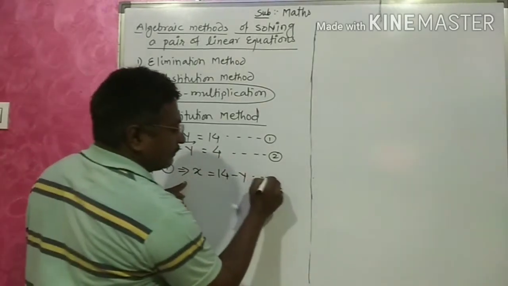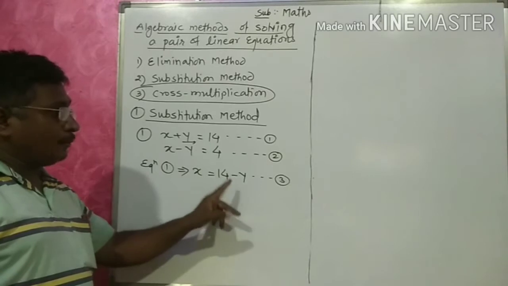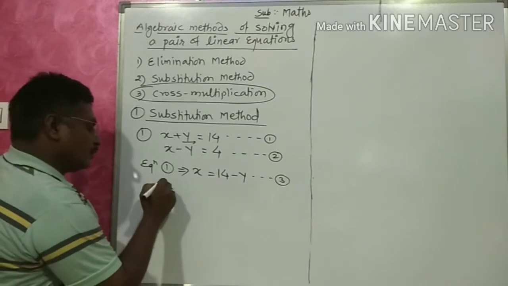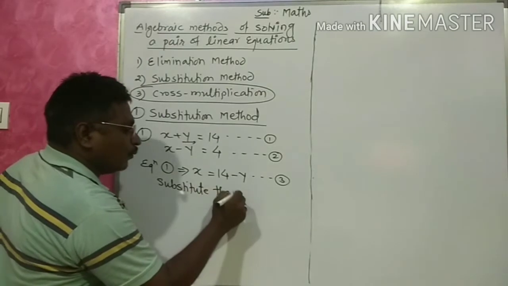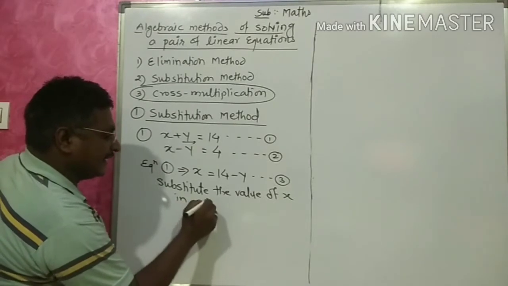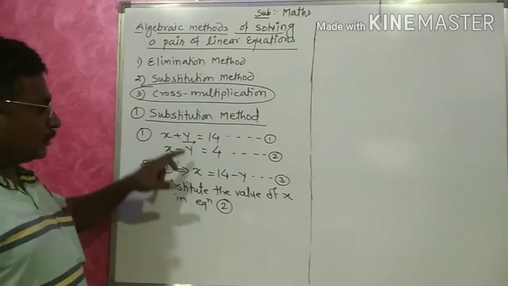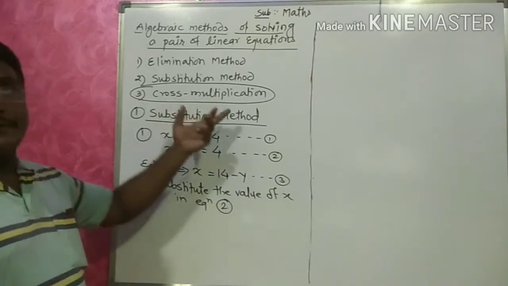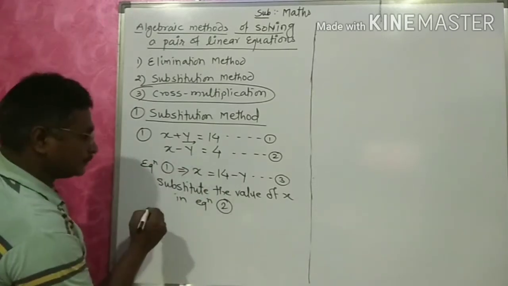This is equation number 3. Now we have the value of x, and we substitute it in equation number 2. If we convert the first equation, we substitute in the second; if we convert the second, we substitute in the first. Understood?